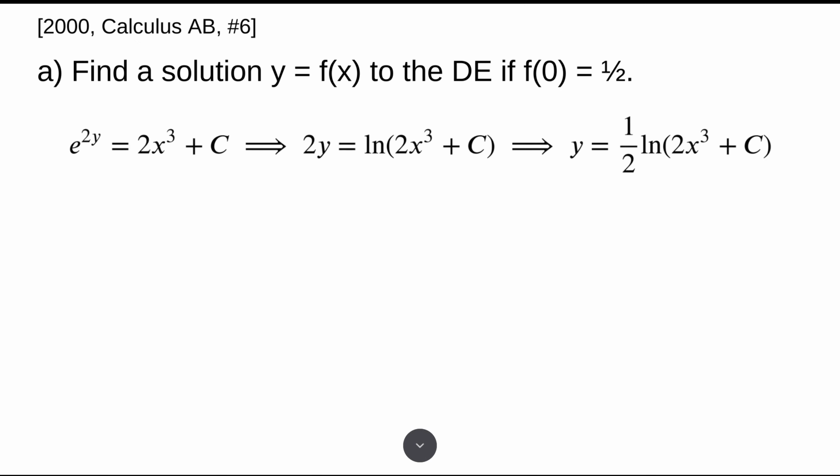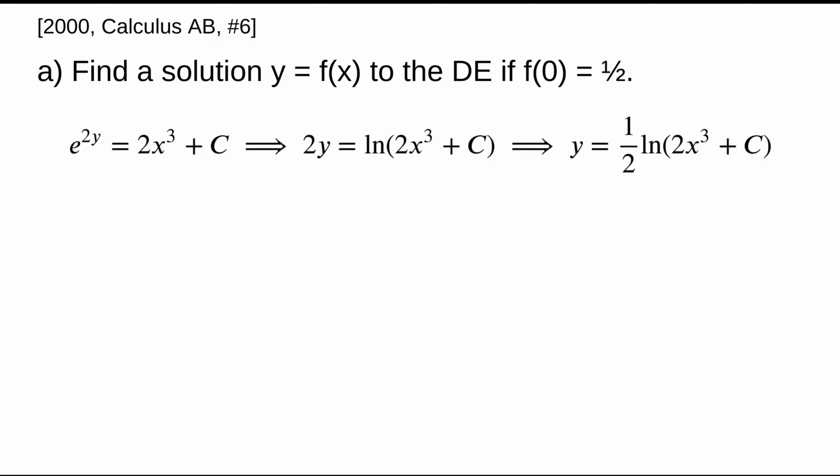If I take the natural log of both sides, I get 2y equals the natural log of 2x cubed plus that constant, and then I can just multiply both sides by 1/2 and get y equals 1/2 the natural log of 2x cubed plus my constant. So that is the form or the family which this solution belongs to.